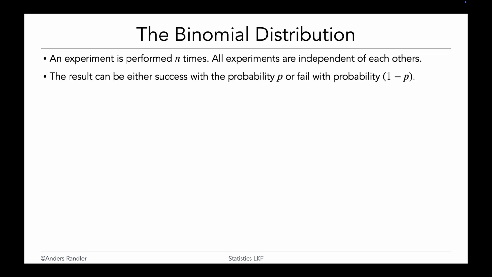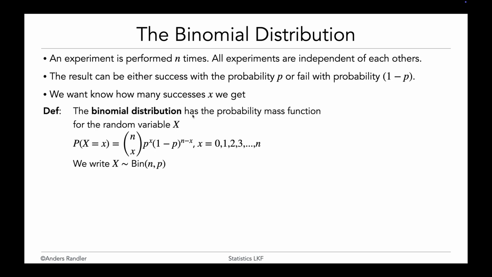The result can either be a success with a probability of p or a fail with a probability of 1 minus p. So we have this binomial thing, fail or succeed. So you have 2 possible outcomes, and one is fail, one is success. And we know that p is the probability to succeed, and 1 minus p will then obviously be the probability to fail. And we want to know how many successes x we get from this.